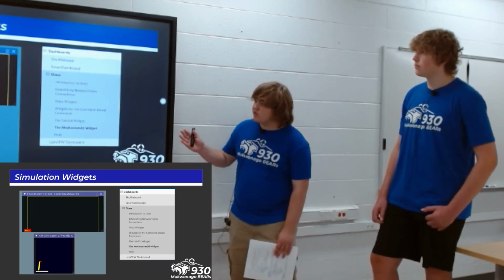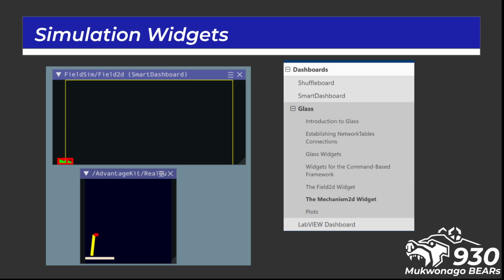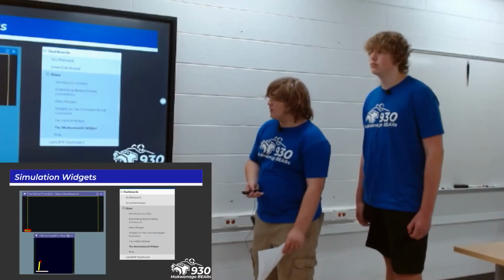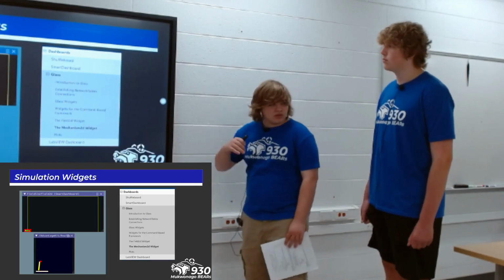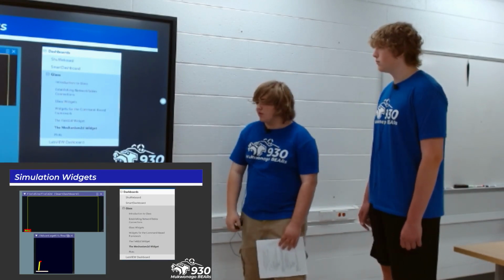Alright. So these two are the same. Last year we had an elevator and double jointed arm system on our 930 robot.